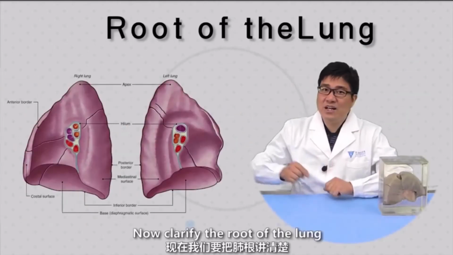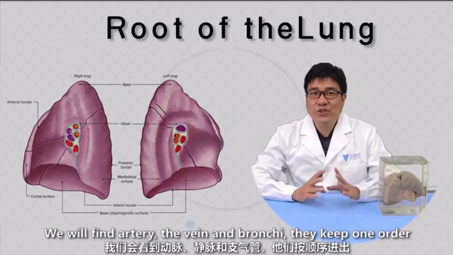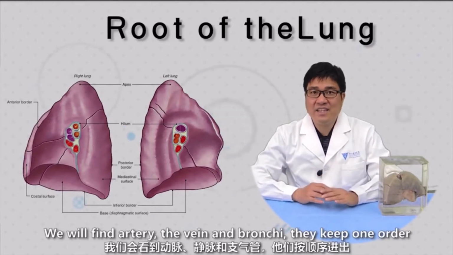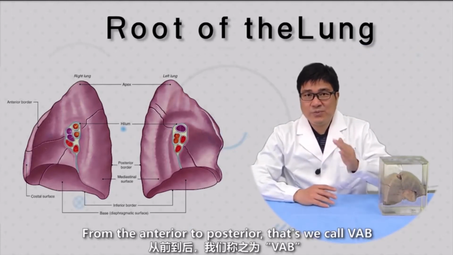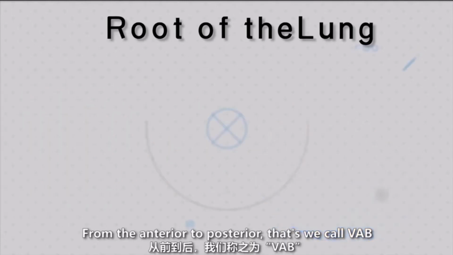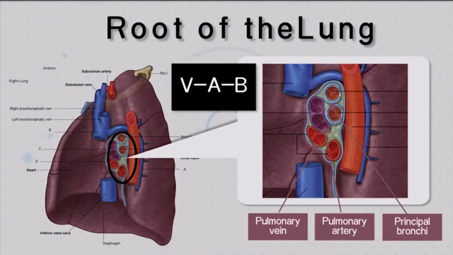Now let's clarify the root of the lung. The artery, the vein, and the bronchus keep one order. From anterior to posterior it is VAB: pulmonary vein, pulmonary artery, and principal bronchus.